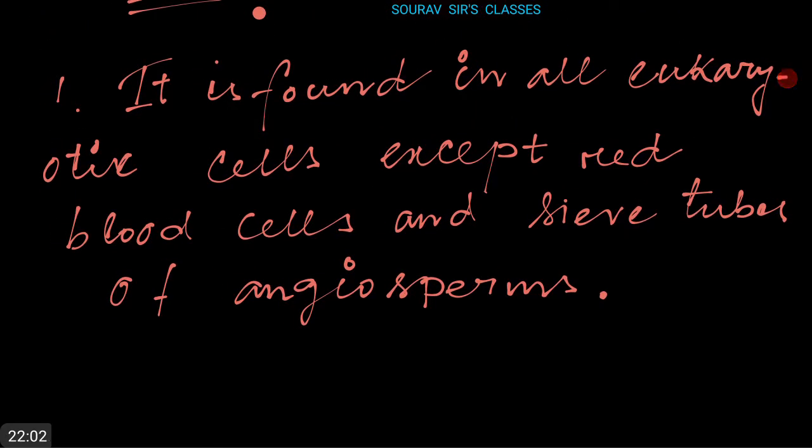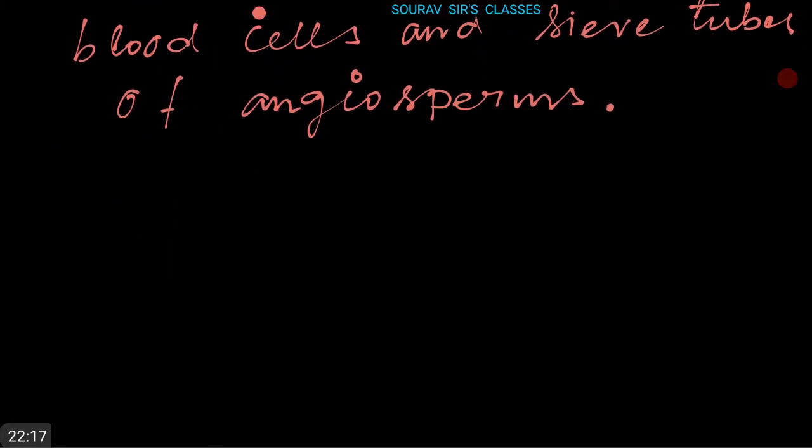So we can find this Golgi complex in all eukaryotes, but we cannot find it in red blood cells and sieve tubes of angiosperms.